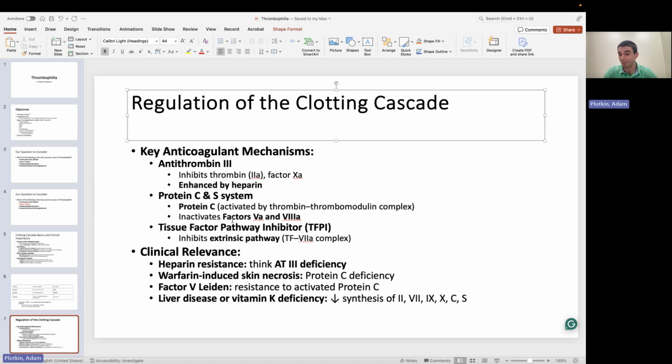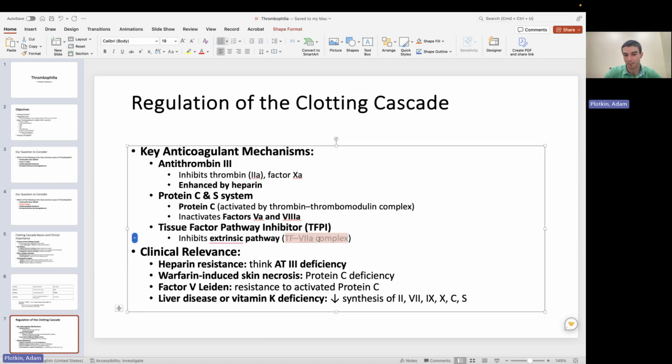So if we don't have protein C and S, we're not able to shut down factor 5 and factor 8 as efficiently, and my clotting cascade just keeps moving and moving. We've taken away the brake pedal. There's also something called tissue factor pathway inhibitor, which inhibits the extrinsic pathway too. That will stop the tissue factor 7 complex.